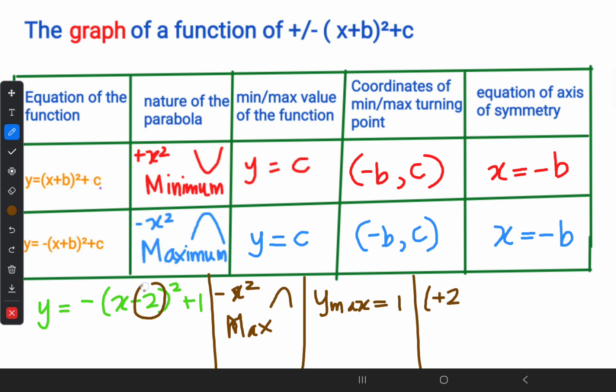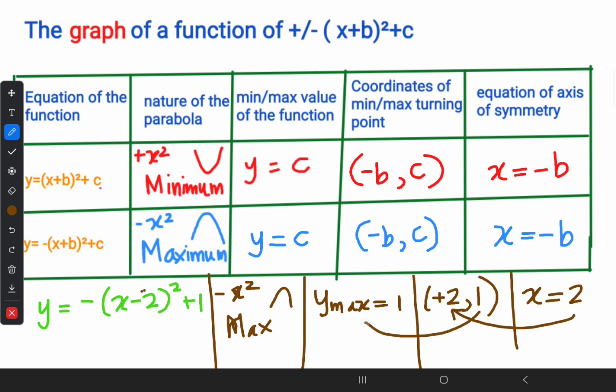Since it is a positive b, we made it negative b. It is negative 2 already, so it should be converted to positive 2, comma 1. The c value is 1. And by looking at this coordinate, you can write the axis of symmetry as x equals 2. Y equals 1 would be the maximum value. That's all.